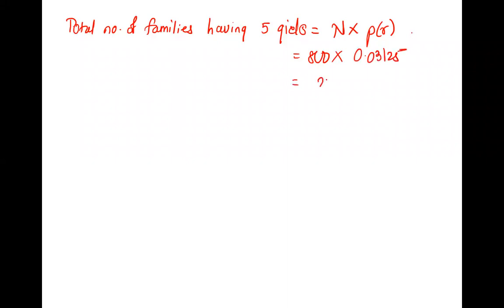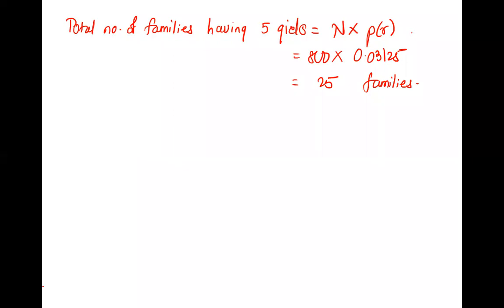Are you getting 25? Just check. So there are 25 such families out of 800 that will have all 5 girls in their family. Are you clear with the frequency now, along with probability? Yes, ma'am. Good.